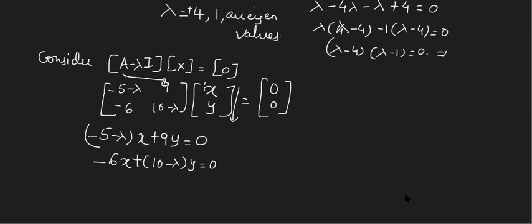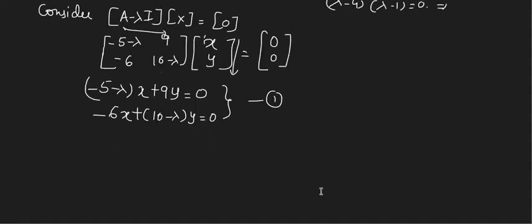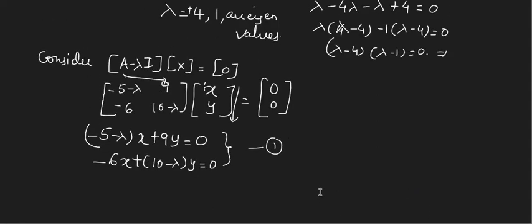See, a very easy process: multiply the two matrices, take row into column format and equate it to 0. I'll call this equation 1.